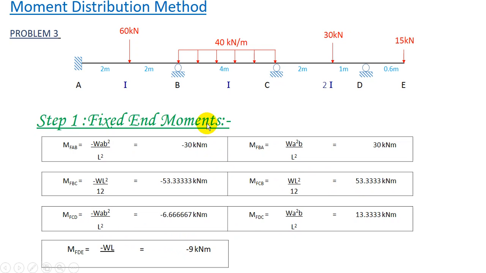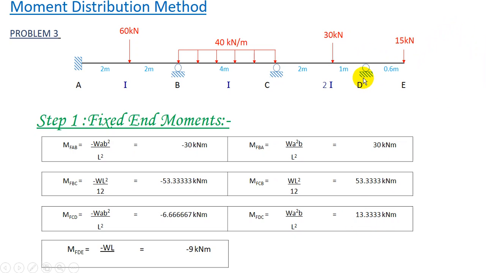MFCD is minus WAB square by L square, again the same formula, where W is 30, A is 2 meters, B is 1 meter, and L is 2 plus 1, that is 3. So MFCD is minus 6.6667 kilonewton meter. MFDC is plus WA square B by L square, where W is 30, A is 2, B is 1, L is 3, and it is equal to plus 13.333 kilonewton meter.